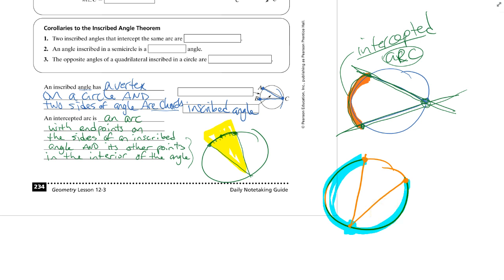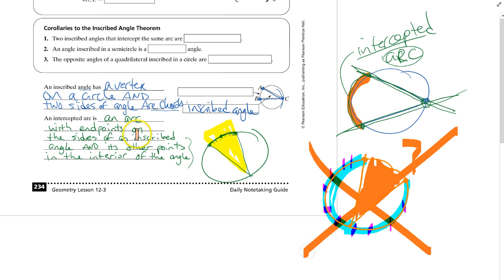Well, kids, because all of the points that make up this arc are not in the interior of this angle. So this is not an example of an intercepted arc. We needed this guy here because all the points that make up this arc are inside that angle.